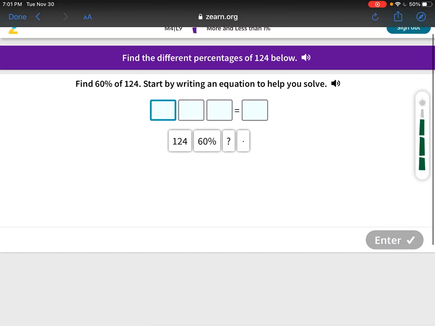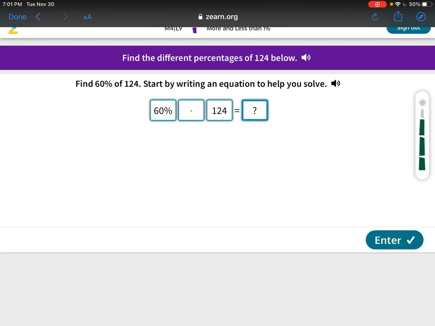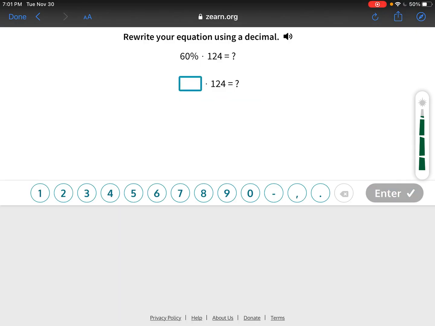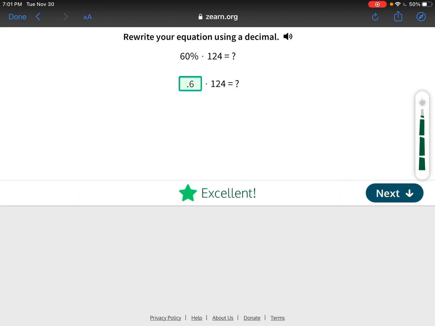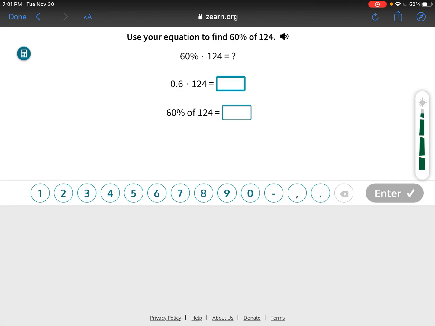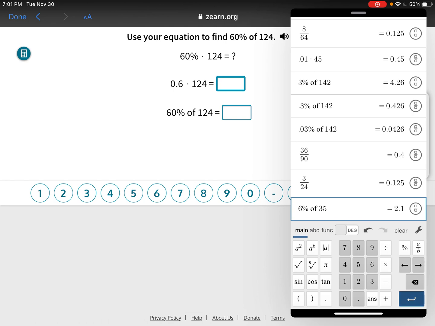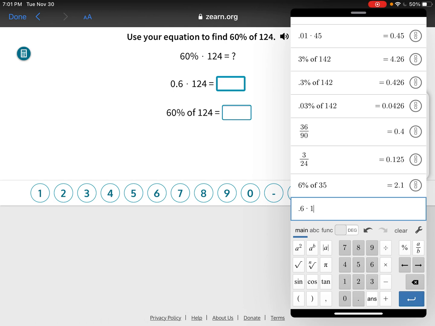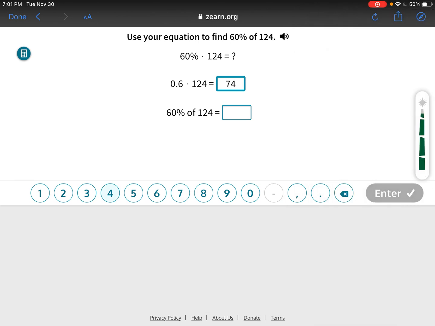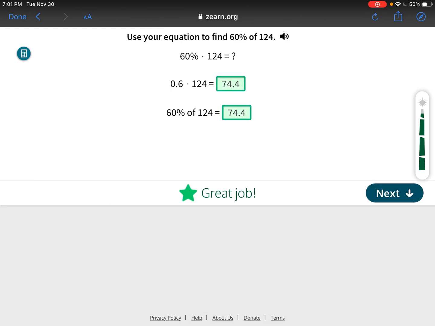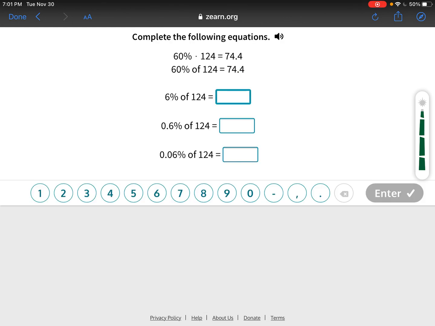And then here, remember that of in words means multiply, so 60% of 124 equals something, 0.6. So then we do 0.6 times 124, 74.4. And I know that 0.6 is the same as 60%, so 74.4. But if you didn't, you can solve that with Desmos.